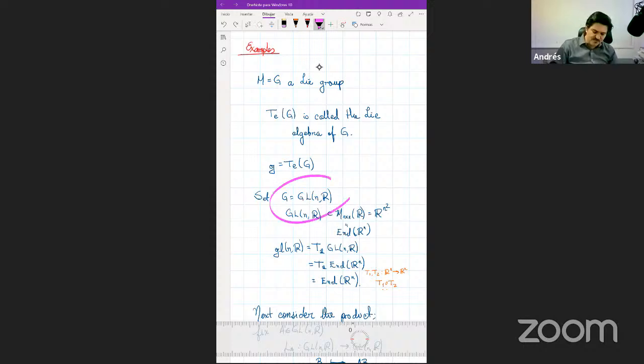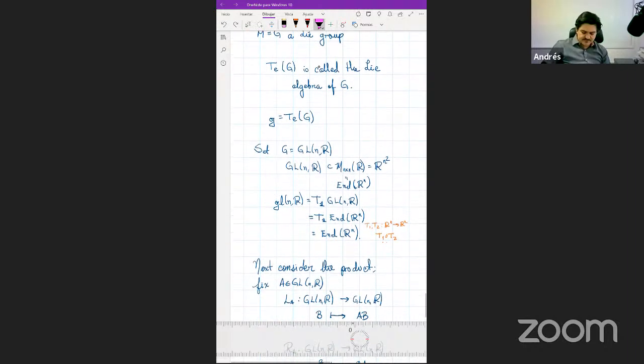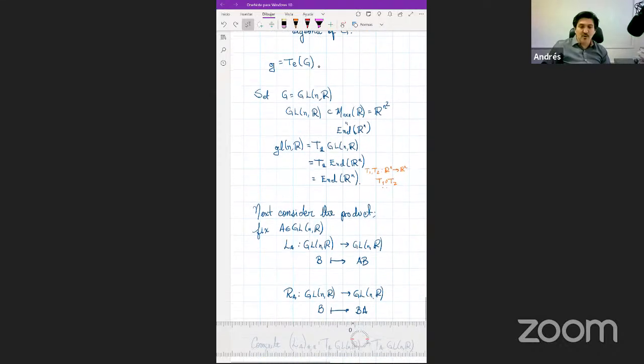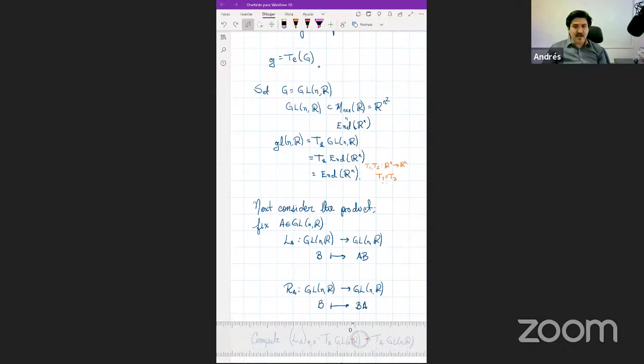So let's stick with this group, the linear group, right? So you have this, and you have two operations, multiplication on the left or on the right. So we fix a non-singular matrix A, and then we have two operations, this one and this one. Because GL is a Lie group, these two maps are smooth. But you can just check that they are smooth because they are polynomial functions on the entries.